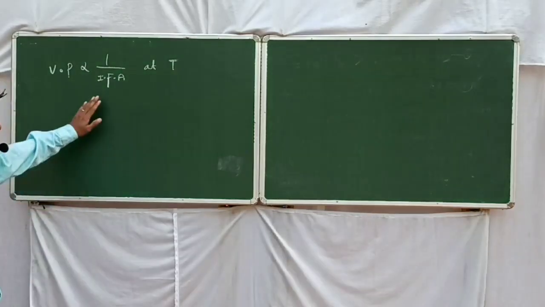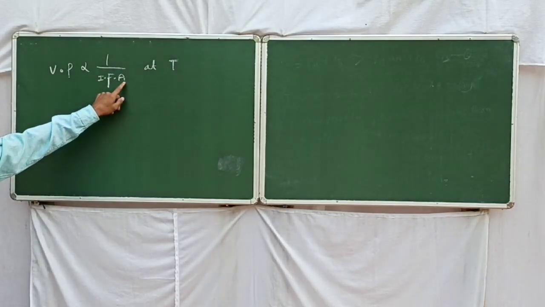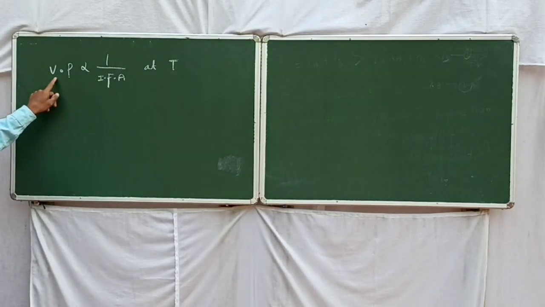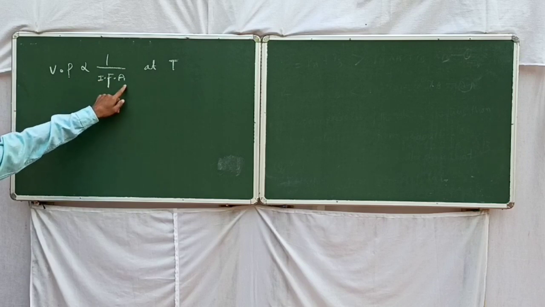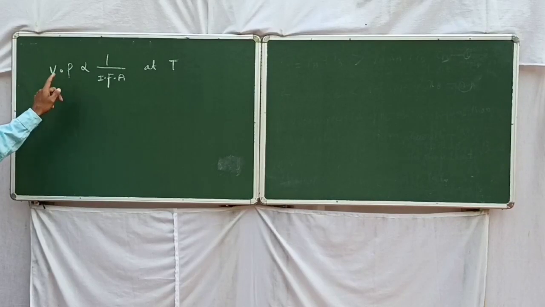So this clearly shows if the intermolecular forces of attraction between the molecules of the component are very strong, then the vapor pressure is low. And if the intermolecular forces of attraction between the molecules of the component are weak, then that liquid has high vapor pressure.